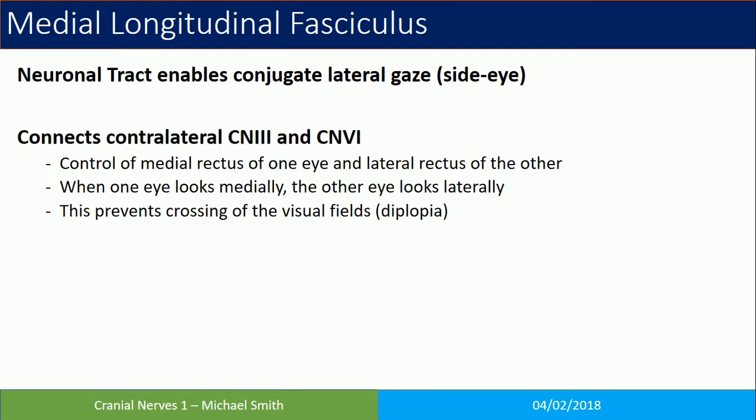So next we'll talk about our medial longitudinal fasciculus. And this essentially is a neuronal tract that allows you to do conjugate lateral gaze. So this means that both of your eyes, for example, are focusing on something on the right. So this means, if you want to look right, that on your right eye, your lateral rectus has to contract, at the same time as on your left eye, your medial rectus contracts.